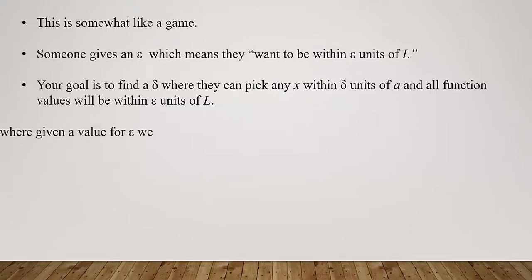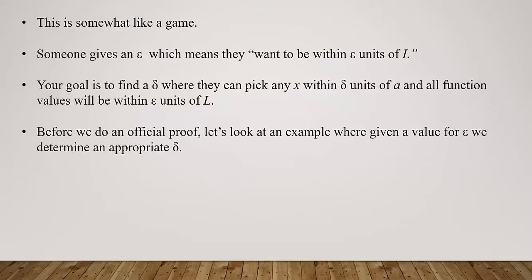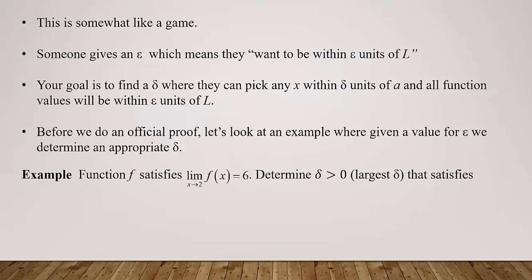So now, folks, before we actually do an official proof, and we're going to do an official proof, let's look at an example that highlights what this game is. You're going to be given a value for epsilon, and then we're going to determine the appropriate delta. Here's the example. There's some function f that satisfies the limit as x approaches 2 of f of x equals 6.